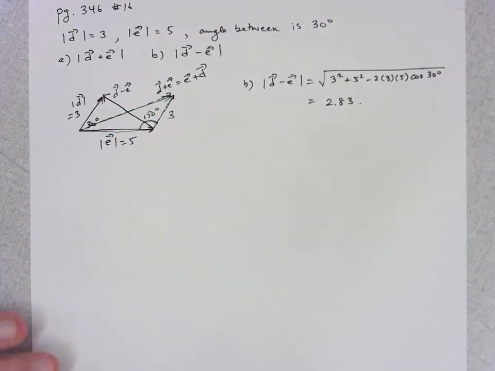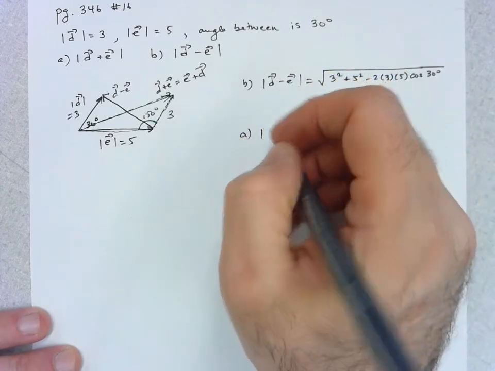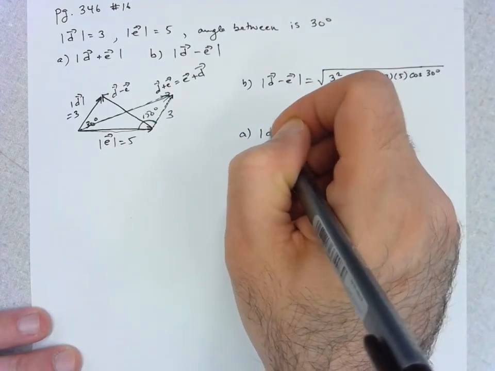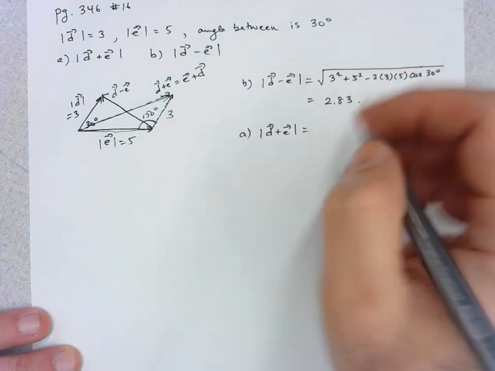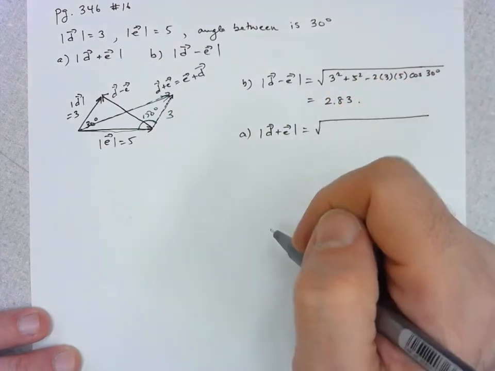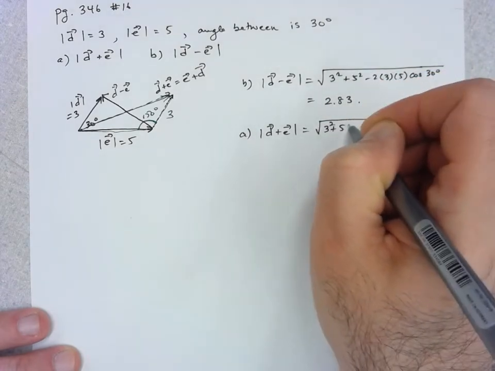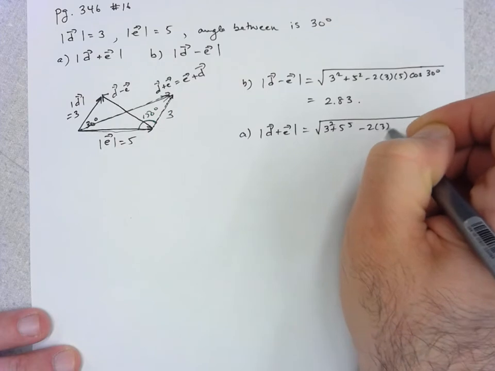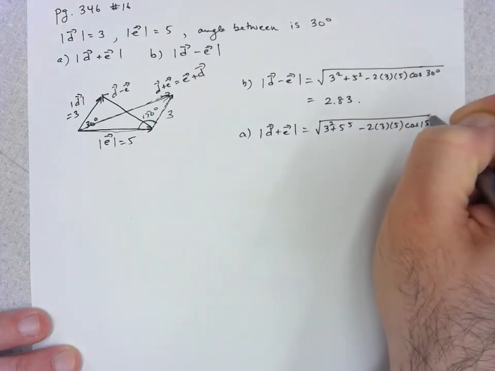So when I'm trying to find the magnitude of the sum, it's the exact same procedure. The only difference is I'm using that other angle, the one that's inside my triangle. So this is still the square root of 3 squared plus 5 squared minus 2 times 3 times 5, except here I'm just going to have cos 150.